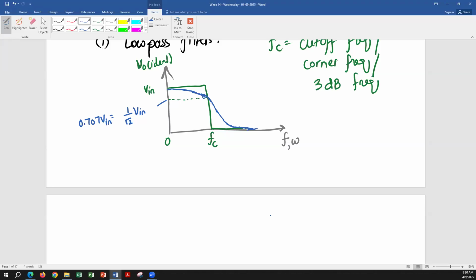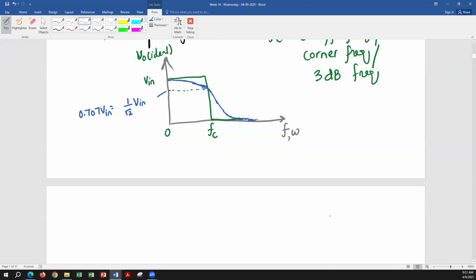So this has really nothing to do with RMS value. I'm going to show you the derivation of why at cutoff frequency the response is 0.707. It's just a coincidence that RMS value is also 1 over square root of 2 times the peak value of a sinusoidal signal.